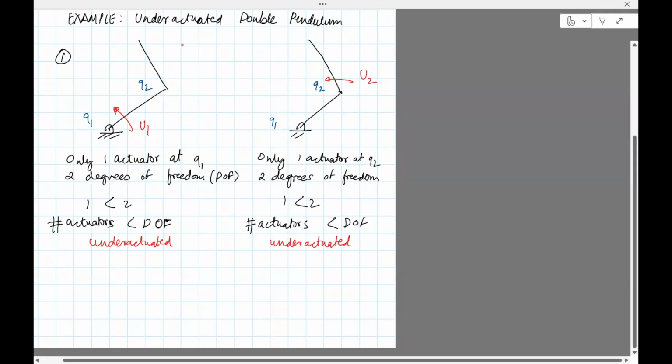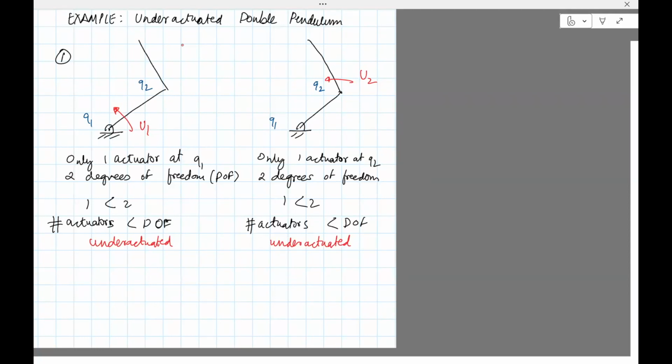You can see if you have fewer actuators than degrees of freedom, it just becomes harder to control, because you cannot independently control each one. Imagine that with your hand, you can control your elbow joint and shoulder joint with torque, so you can do many things. But if you did not have a muscle on your elbow joint, then it becomes very hard to control your elbow directly, because you don't have an actuator.